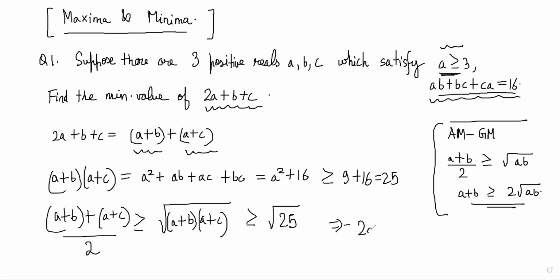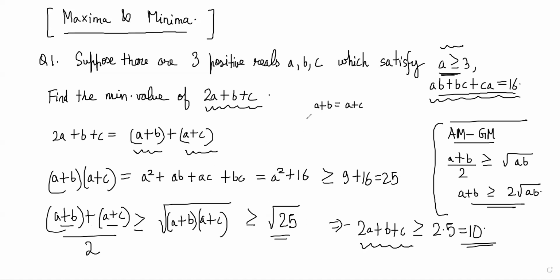Therefore, we get 2A plus B plus C is greater than or equal to twice of 5, which is 10. And the equality will happen when A plus B is equal to A plus C. The equality in AM-GM happens when the quantities are equal. So these two quantities must be equal. That implies that B is equal to C.